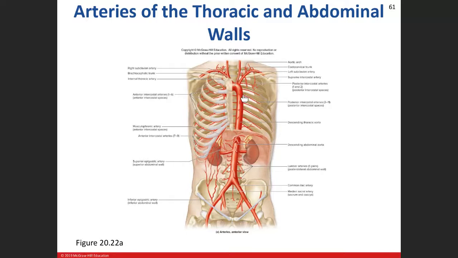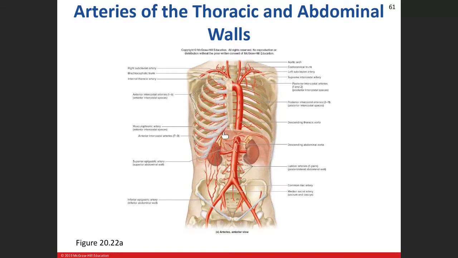So you can see here on our descending thoracic aorta, you can see the posterior intercostal arteries, which are coming off and starting on the back portions of the ribs. Well, the internal thoracic artery gives off the anterior intercostal arteries for the first 6 intercostal spaces here. As we descend further down, you'll see that intercostal spaces 7 through 9 are given off by the musculophrenic artery.